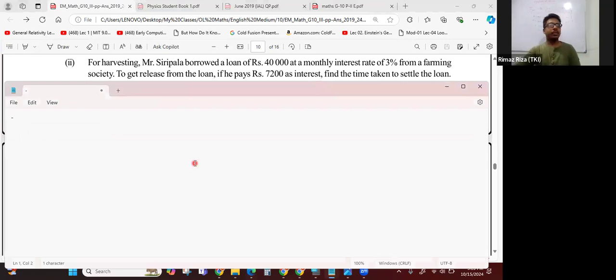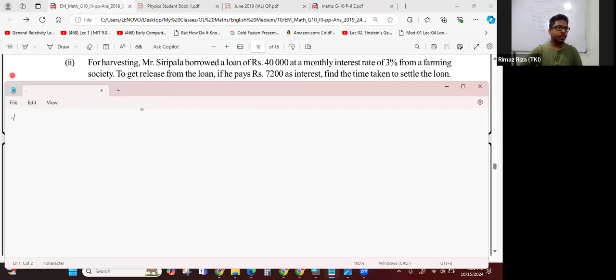For harvesting, Mr. Siripala borrowed a loan of 40,000 rupees. Monthly interest rate of 3%. It means for a month he has to pay 3% of the loan from a farming society. To get released from the loan, if he pays 7,200 as interest, find the time taken to settle the loan.